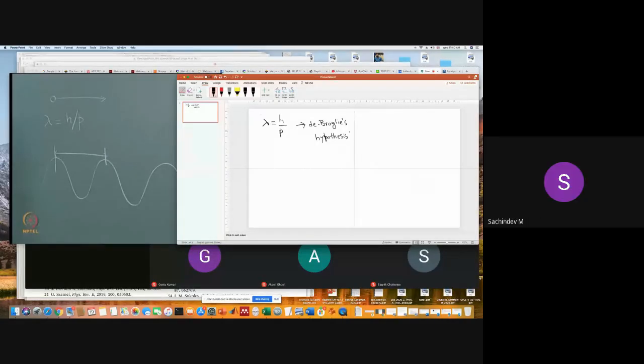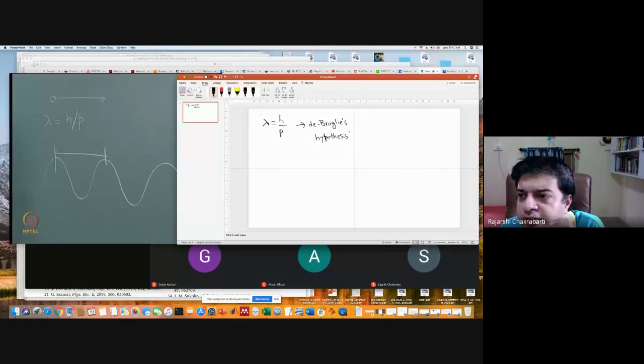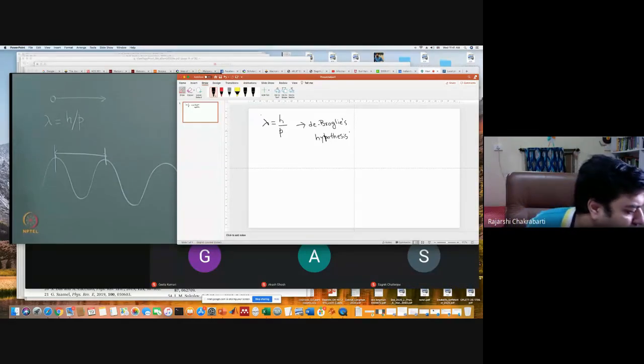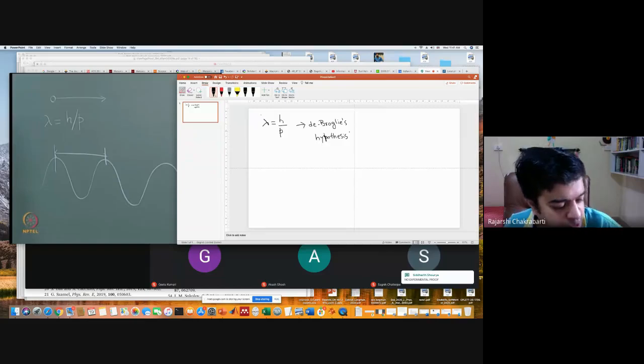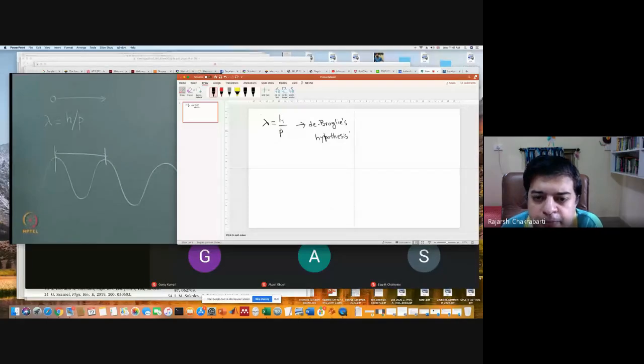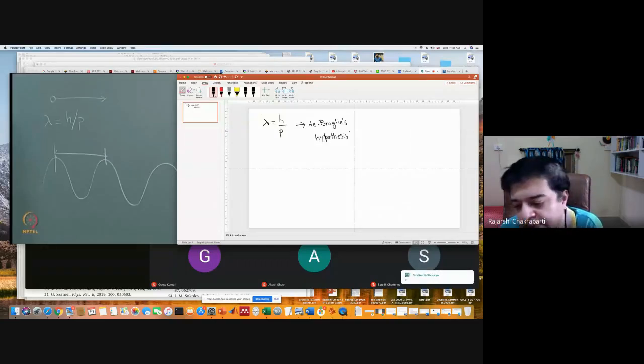So I think it was not experimentally proved at that time. No, not really like that. I would say that you cannot derive it from any first principle. It is just like it came from nowhere. And if you assume that h divided by p is given by lambda, then you can build a subject like quantum mechanics, and the subject can explain many experiments which you perform with electrons, atoms, molecules.